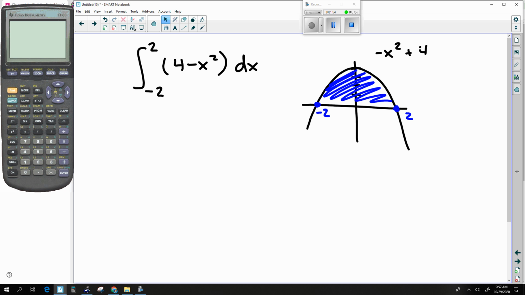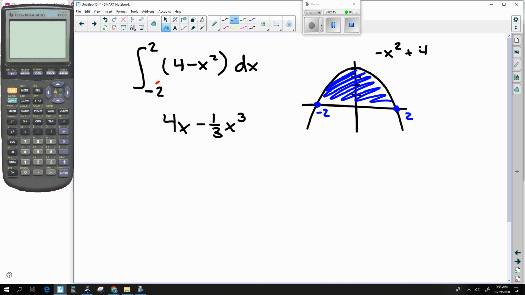All right, so what do I do to physically find this area? Well, first we take the antiderivative of this equation, so in essence, take the integral. That would be 4x minus 1/3 x to the third.